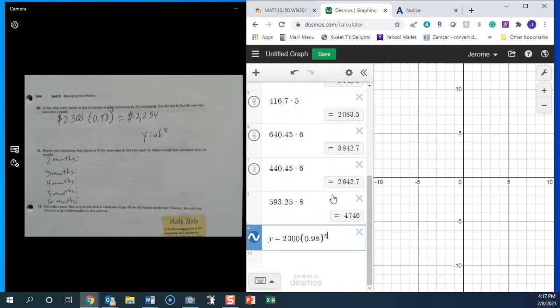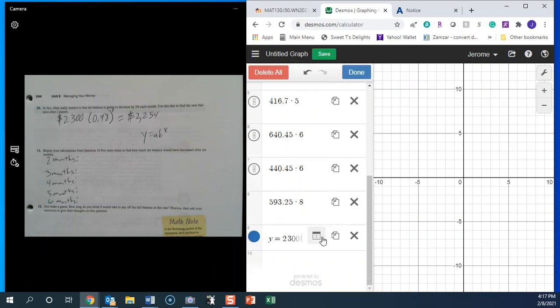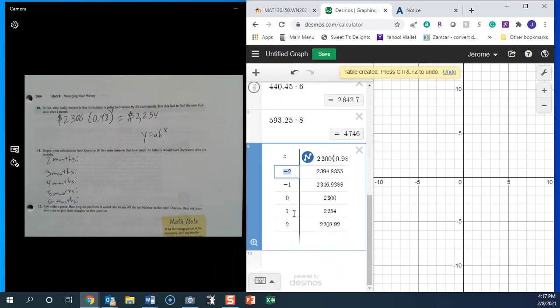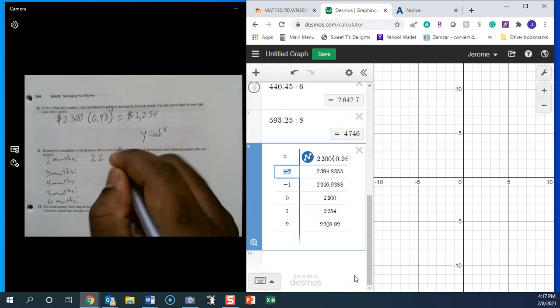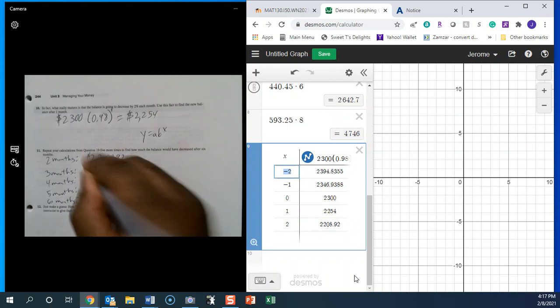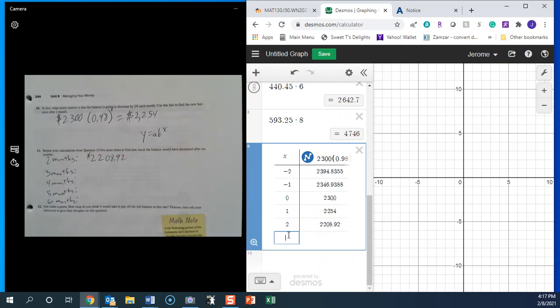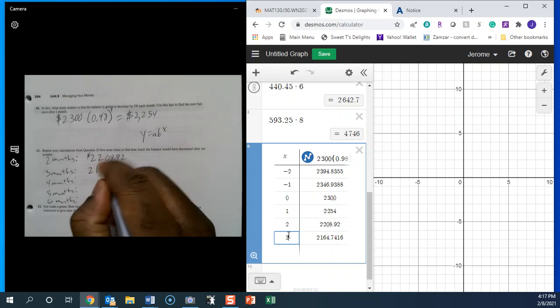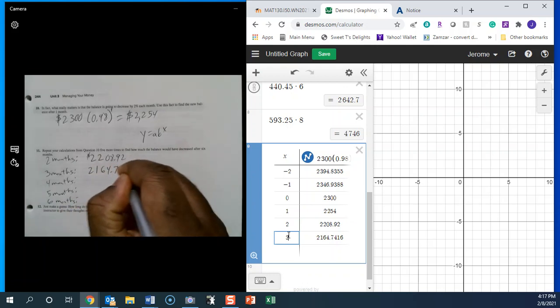And then we will go here to the wheel, hit the table, and if you notice here, when we put in the first month it is $2,254. The second month will be $2,208.92. Now we come down here, we can type in 3. The third month would be $2,164.74.